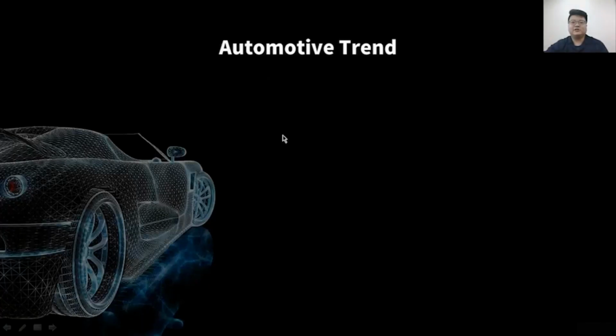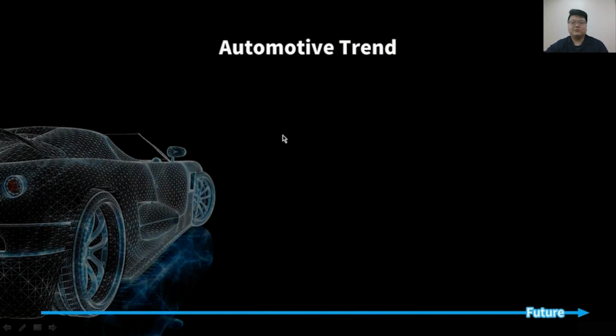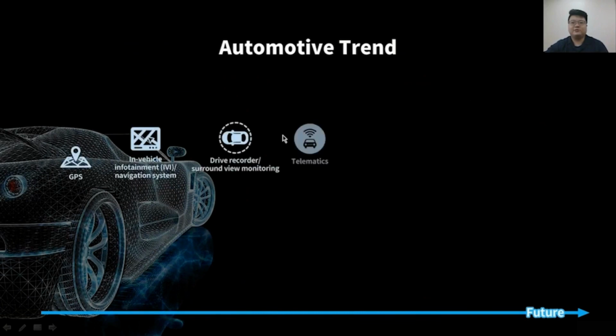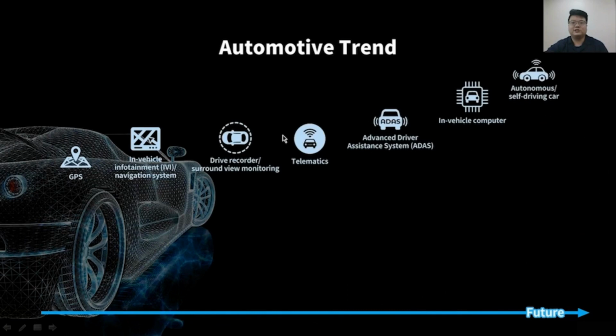The automotive industry is rapidly transforming with technology-driven innovation, automotive standards shaping requirements, and changing consumer preferences. More and more functions and applications are built into the automobile to keep up with the rapidly transforming automotive technologies.